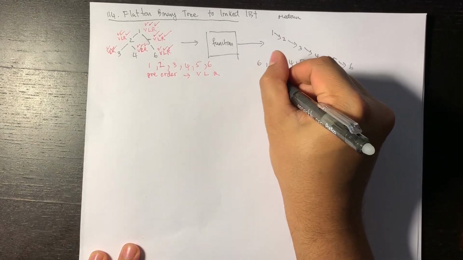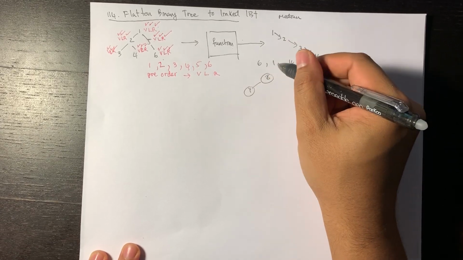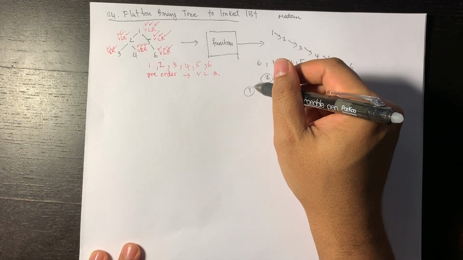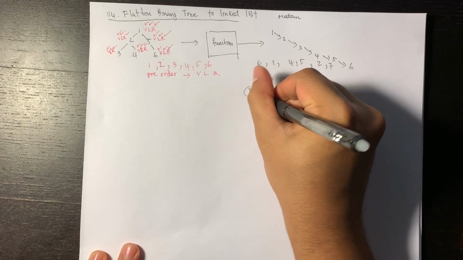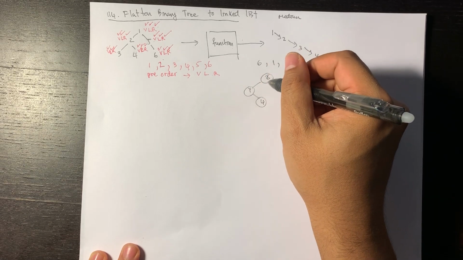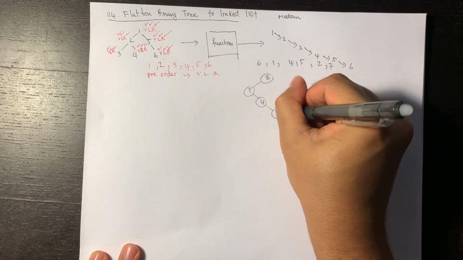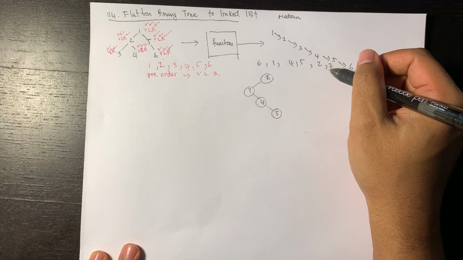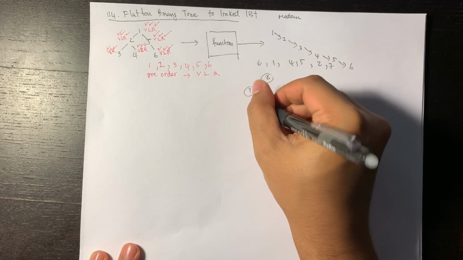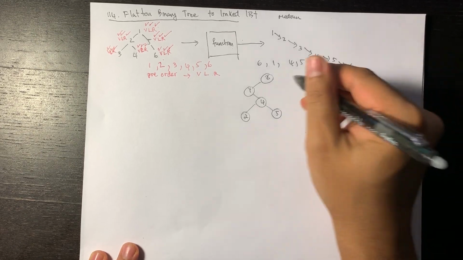In that case, we have 6, and then we have 1. 1 goes to the left because 1 is smaller than 6, and 4 is smaller than 6 but it's greater than 1. 5 is less than 6, however 5 is greater than 1 and greater than 4. 2 is less than 6 but it's greater than 1 but less than 4, so 2. 7 is greater than 6.